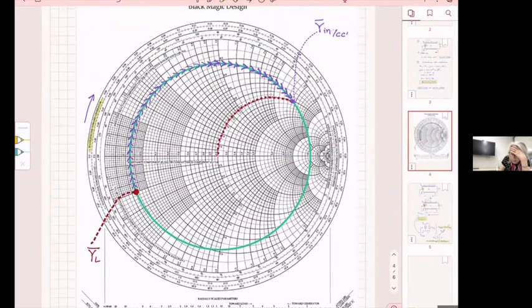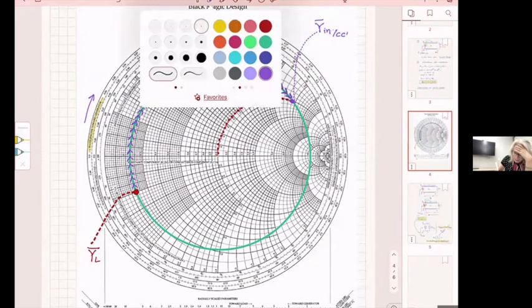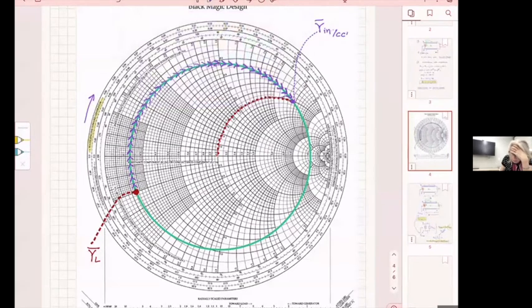So from here, I will move along this red line, same, and I will move like this. But since I'm moving on the constant resistance circle, I don't really move along the line.